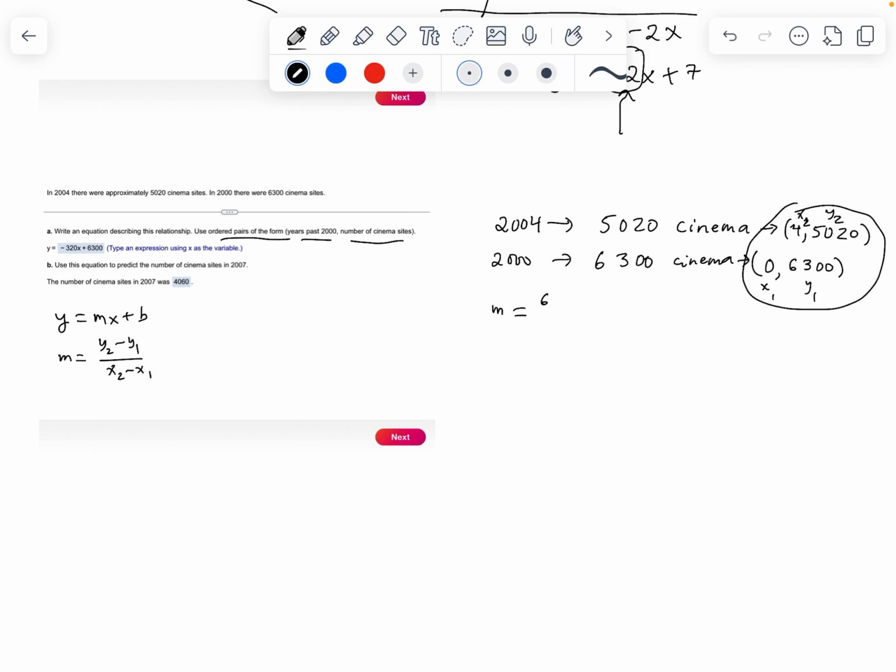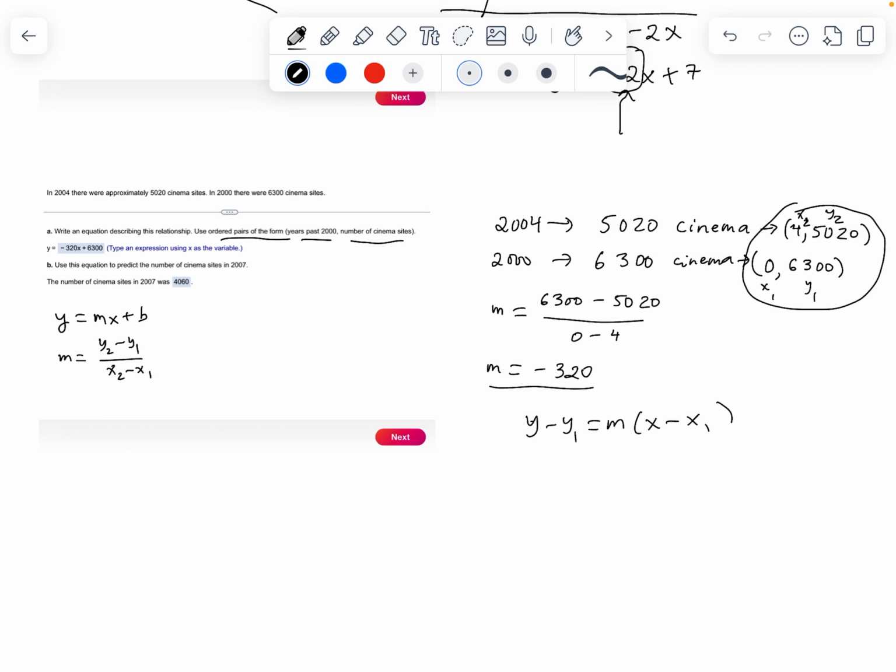So then m is equal to 6300 minus 5020 divided by 0 minus 4. If you plug this into the calculator, you should get a value of negative 320 as your slope.